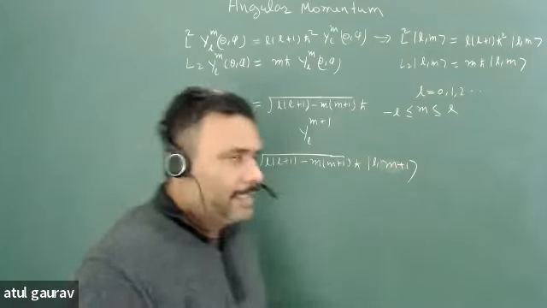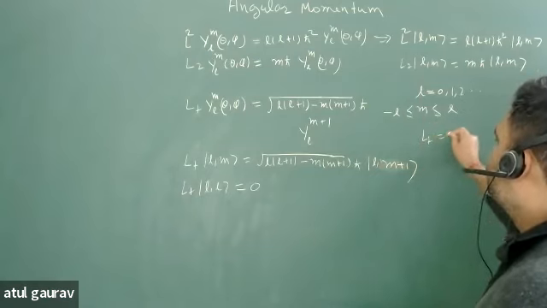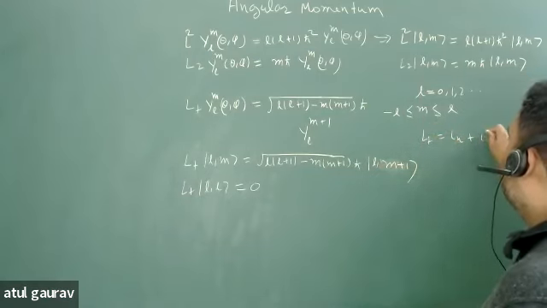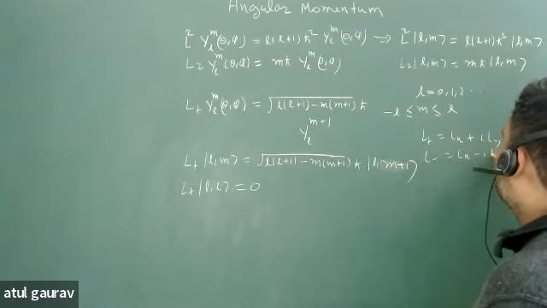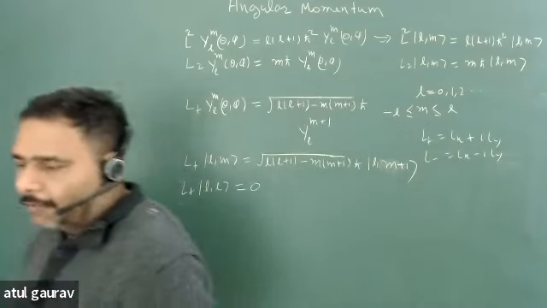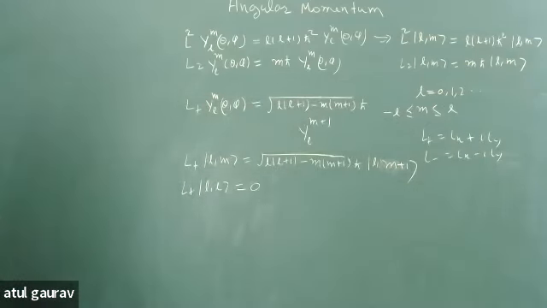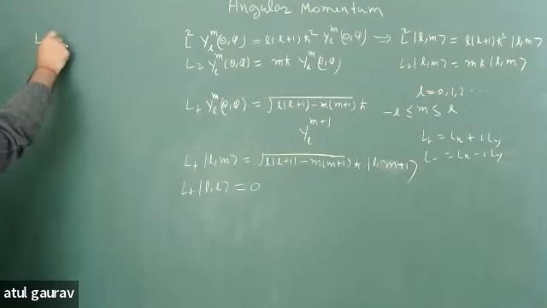So now let's try to go for L minus. And what is your L plus and L minus? L plus is equal to Lx plus i Ly, and L minus is equal to Lx minus i Ly. So we have all this information in our mind. Let's try to go for the commutation between Lz and L minus.